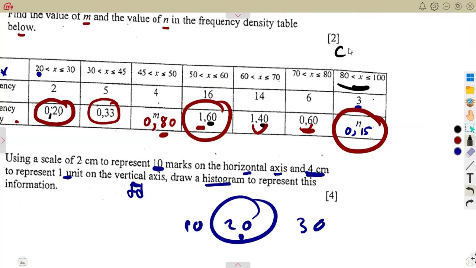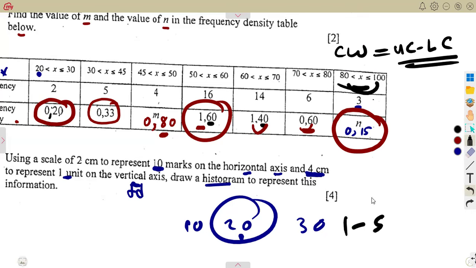There, the class width is just upper class minus lower class. But once you are given 1 to 5 like that, it is going to be upper class minus lower class, then you make an adjustment, you add a 1. You're supposed to be careful.